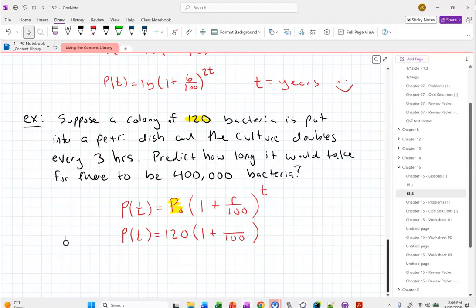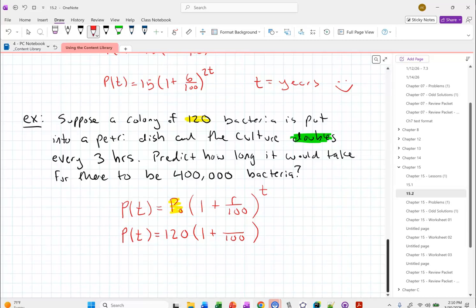What is R though? It's not 2, but you're on the right track. Why did you say 2? Because doubles. Doubles is the key word here, but doubles doesn't mean 2 in this case, because remember, R is a percentage. What percentage would mean double? 200? 100. 100 is double.